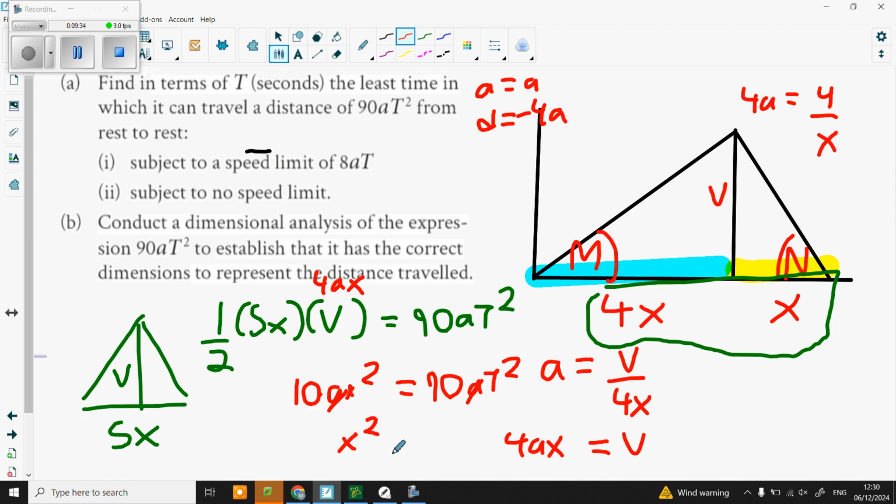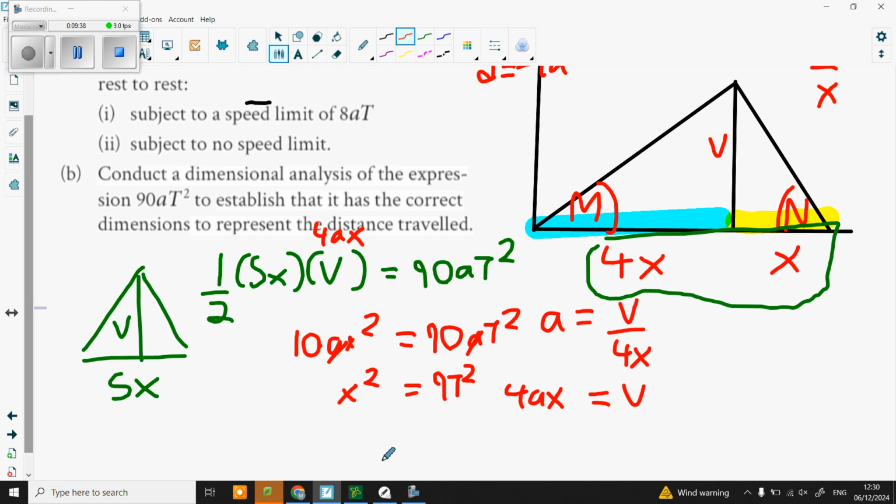And what do we get here? x squared equals 9t squared, x therefore equals, you know what? 3t. Square root both sides.